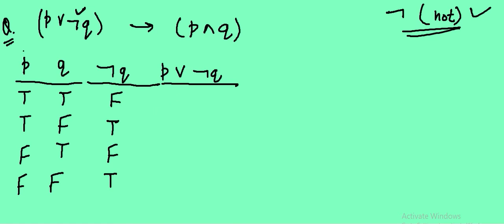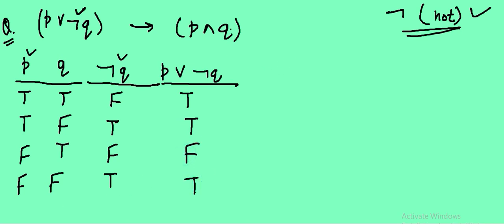So we have to look for these two symbols. P is true and not Q is false, so it will be true because one of the statements is true. So true, true will be true, false, false will be false, and false, true will be true.